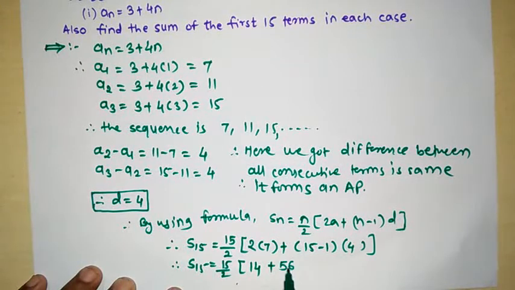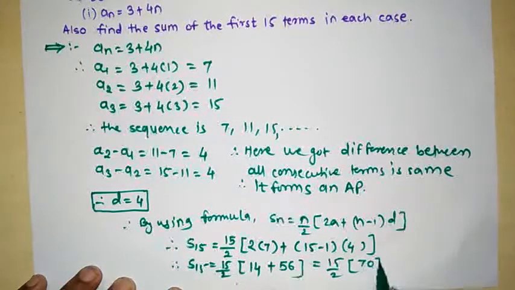That is 56. 14 into 4 is equal to 56. 56 plus 14 is equal to how much? Which is equal to 15 by 2 as it is into 14 plus 56, which is equal to 70.